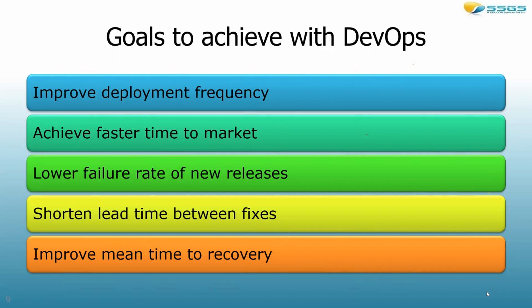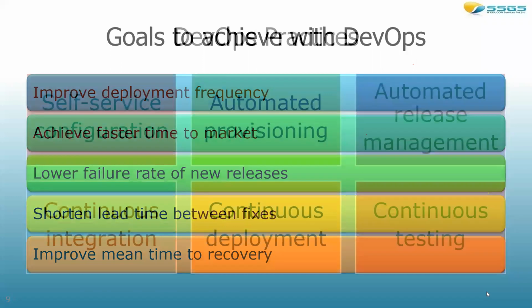Now, that's something not every organization can do and may not also be required to do, but having a better frequency than maybe a few weeks or a few months is certainly something which every organization should keep as a goal and try to achieve. And this leads to a lot of benefits to the organization.